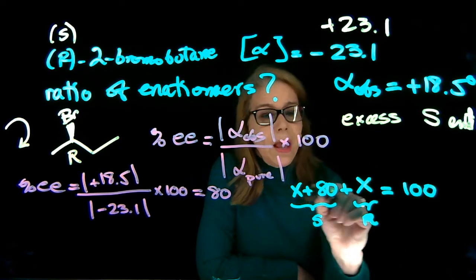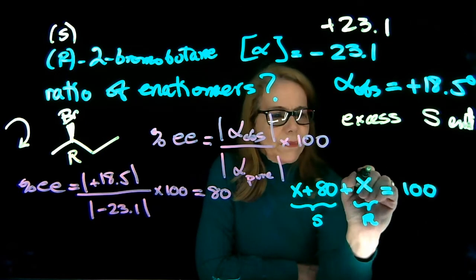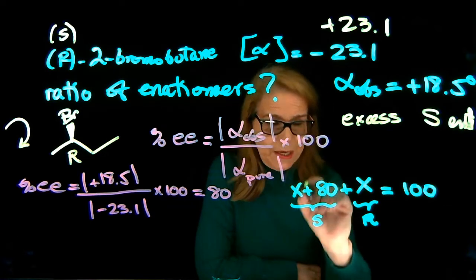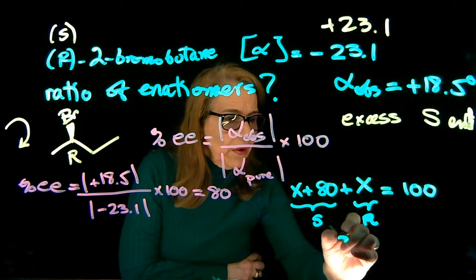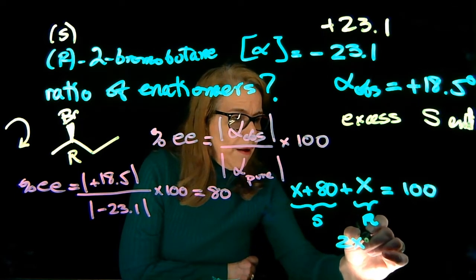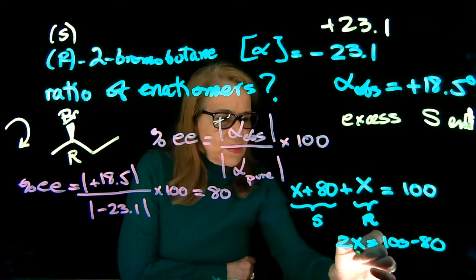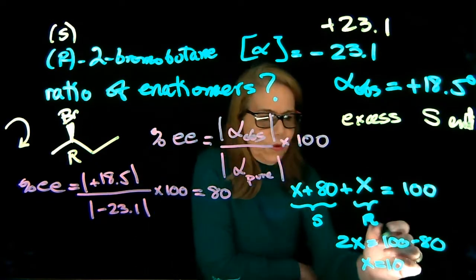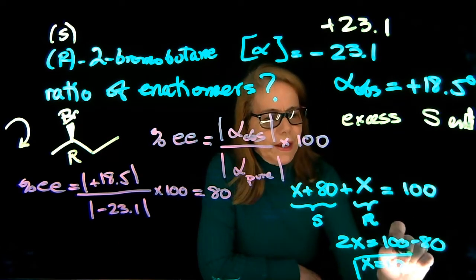So all of that, we know the sum is 100%. So again, X for the R, the other is in excess by 80%. So all we need to do now is solve for X. So here you have 2X is 100 minus 80. And so X equals 10. You solve for that, right? 2X equals 20, and then solving for X gives you that.